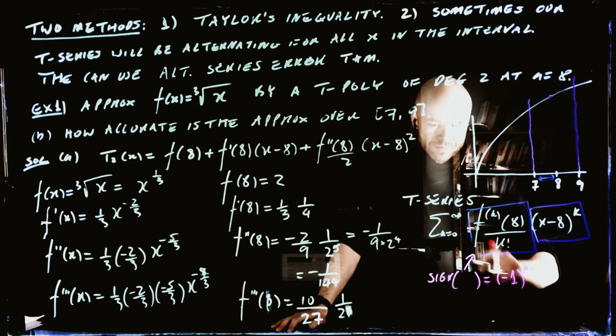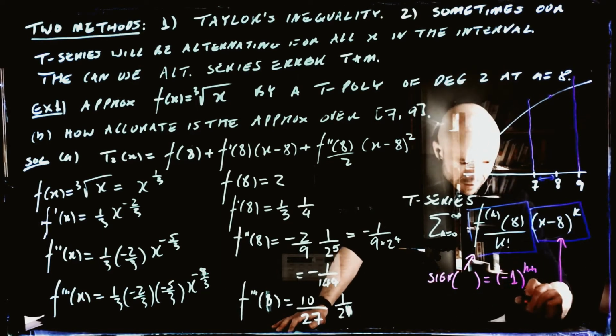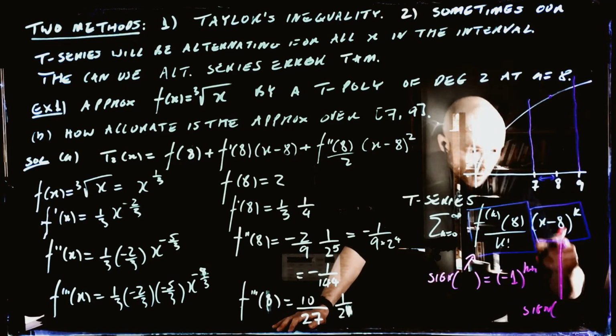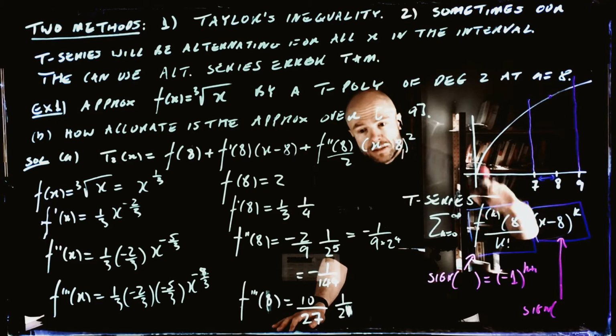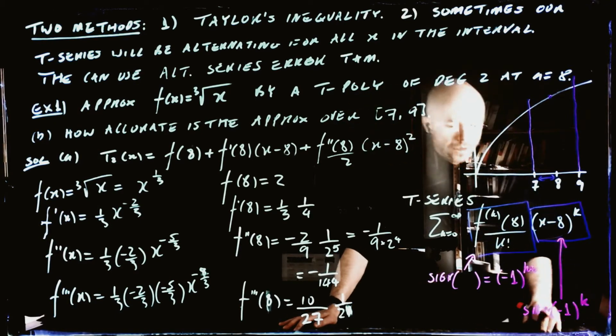Yeah? And what about this thing? And the sign of this thing will be, if x is actually less than 8, it's going to be minus 1 to the k.